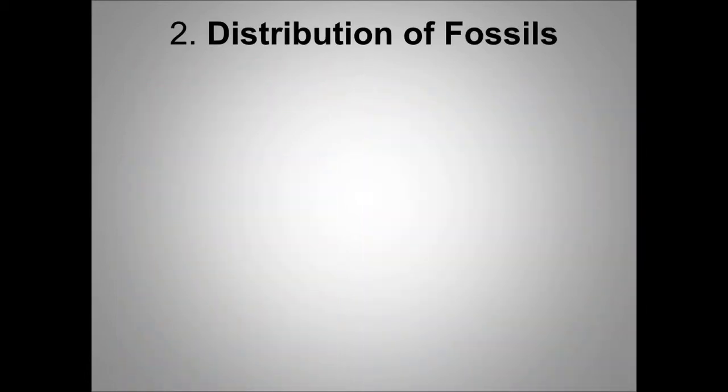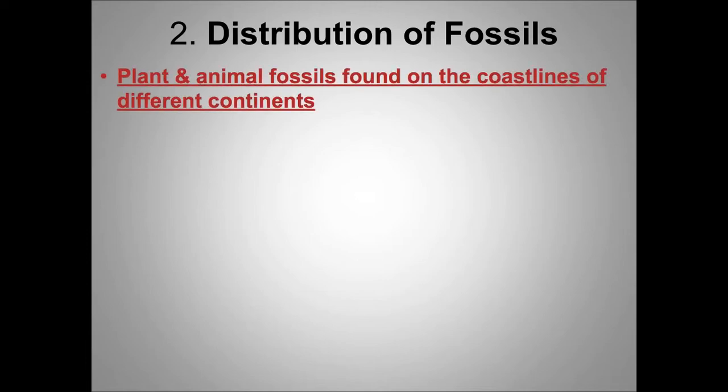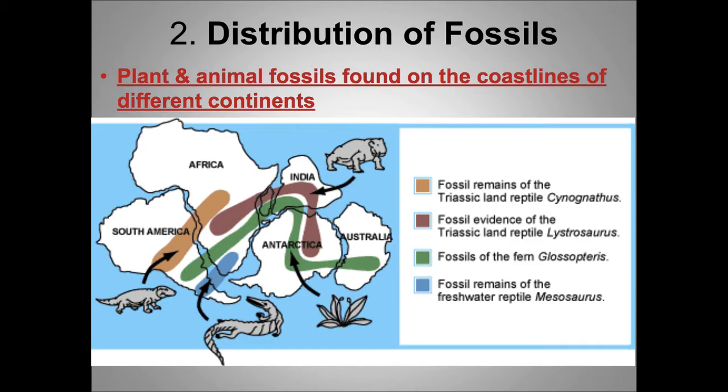Our second piece of evidence is the distribution of fossils. All right, so we looked at a map, and now we're going to look at living things, or the remains of living things. All right, and you have this picture. Plant and animal fossils can be found on the coastlines of different continents.